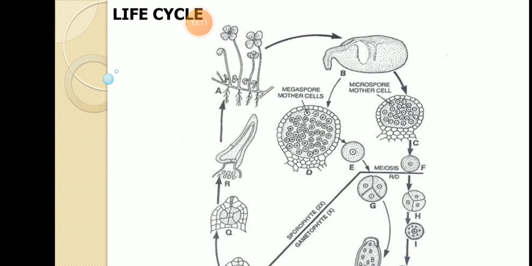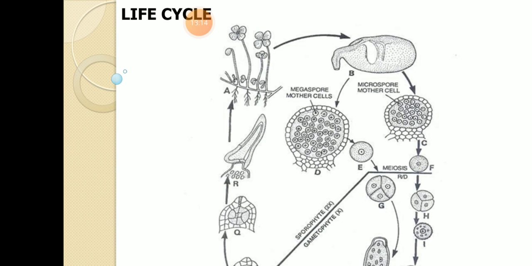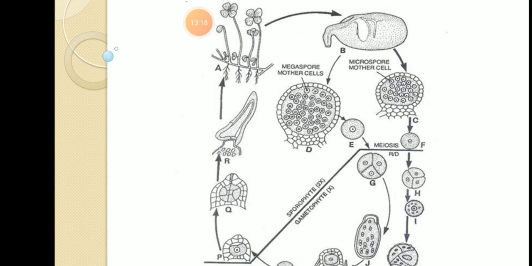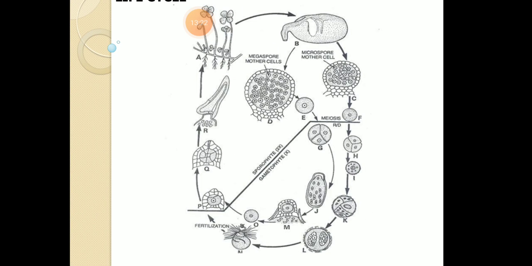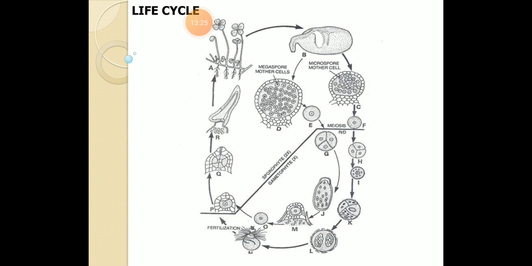These oospores are diploid in nature. So whatever you find, the sporophytic region is almost diploid in nature, and the gametophytic region is haploid in nature. So this is the complete life cycle of the Marsilea.